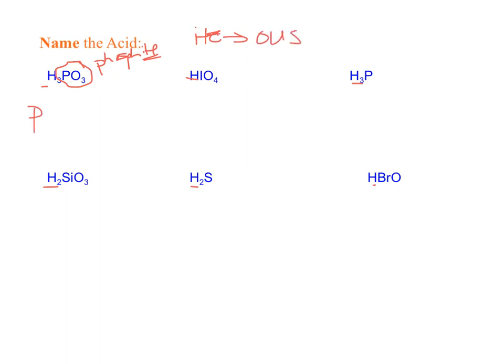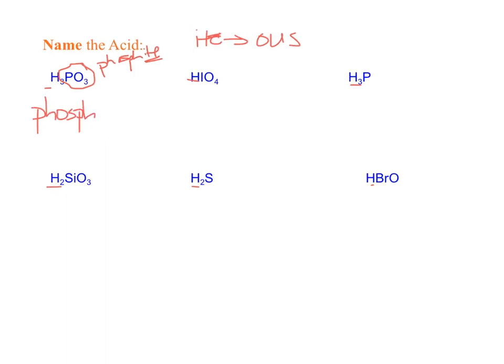So this would be phosphorous acid. Technically, it's called phosphorous acid. If you miss a couple of words, we're not going to count off as long as we want to see you using the rules correctly.